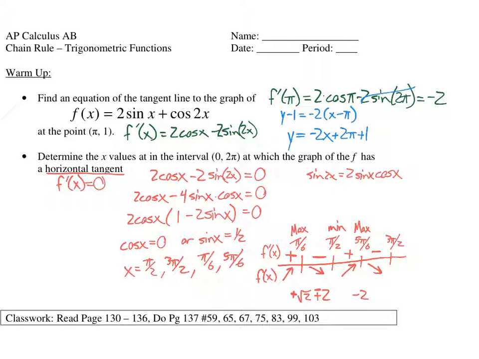And that is a positive. Okay, so I must have done something wrong there. So that's a positive. So it's increasing there again, and we have a min point right there.